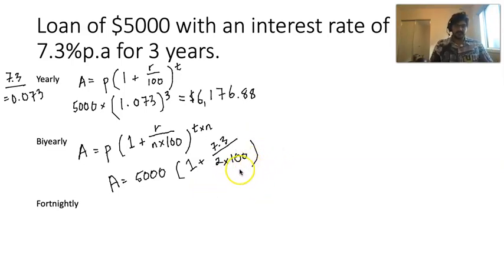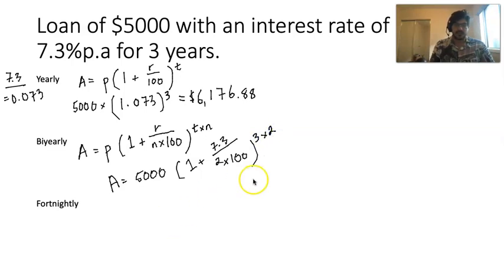Now that we've got this 2 times 100, obviously we can simplify that to 200, so it's going to be 7.3 divided by 200 in the end. And then we have our 3 years, but again, it's happening twice a year, so that's going to be 3 times 2.